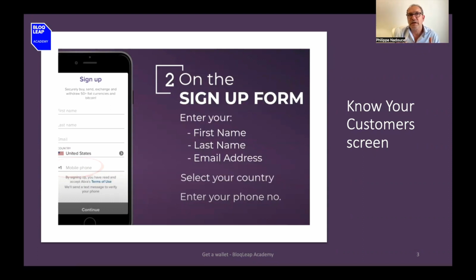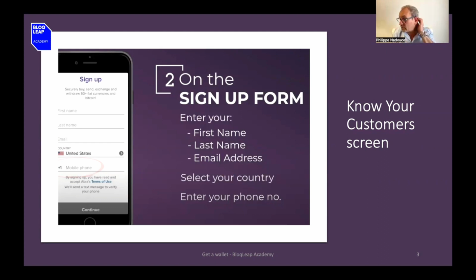But actually they need your phone number in order to connect you to their database, but they are not really using these details. They don't really connect these details to your wallet, okay? Because they can't access your wallet.